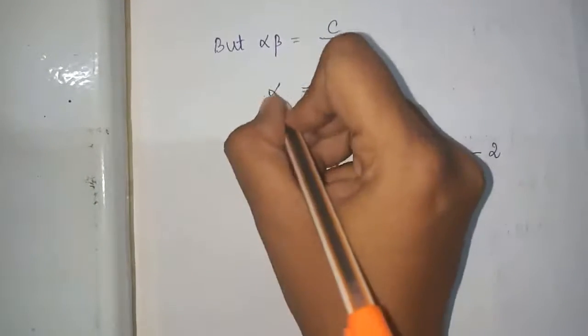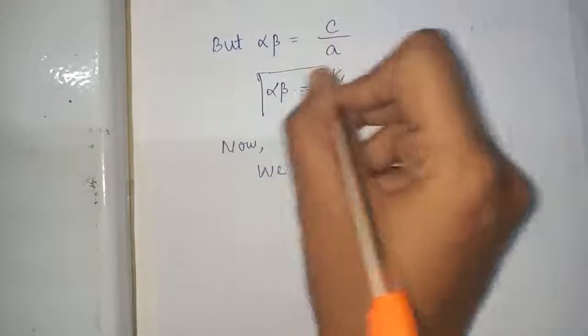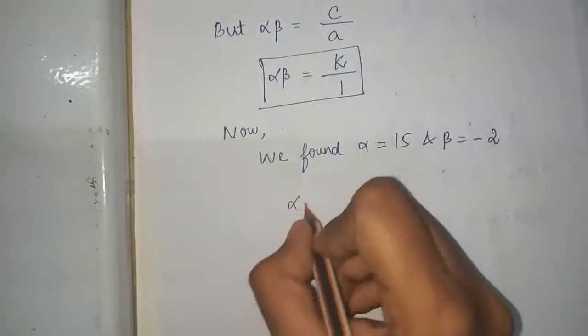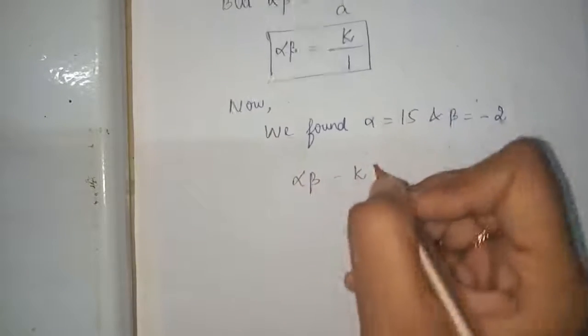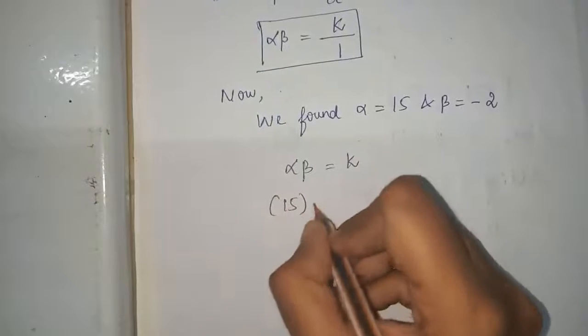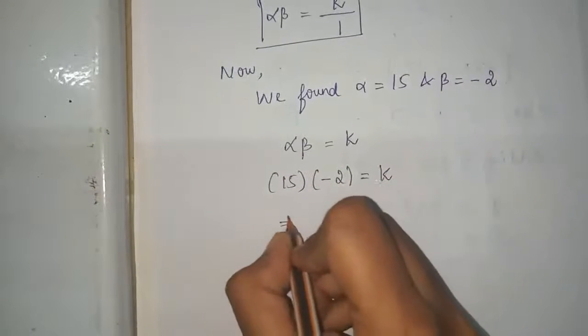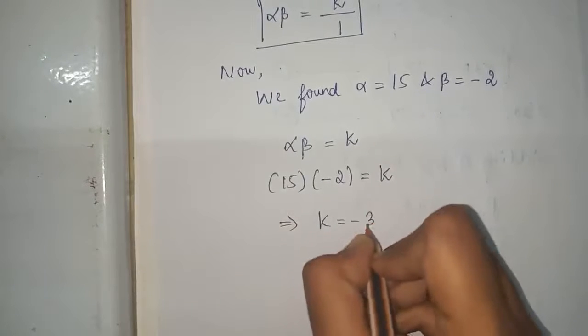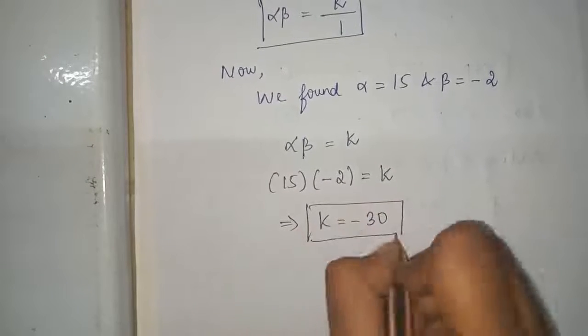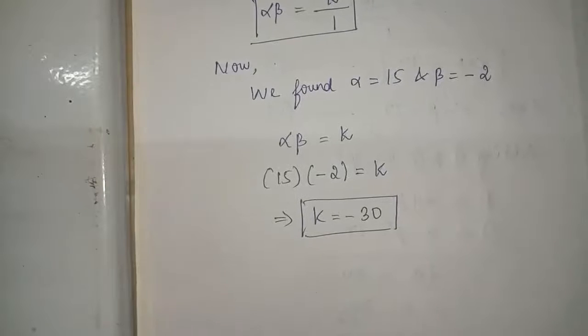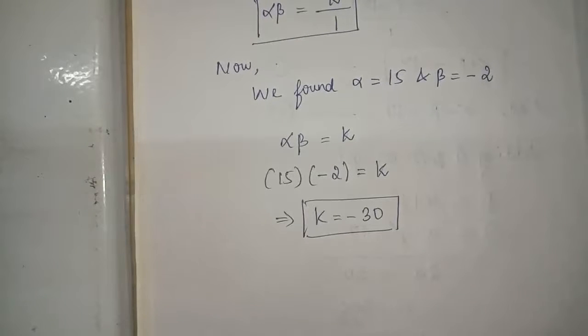So from this, alpha beta = k. So alpha value 15 into beta value -2 is equal to k, which implies k = -30. Now we have found the value k = -30.